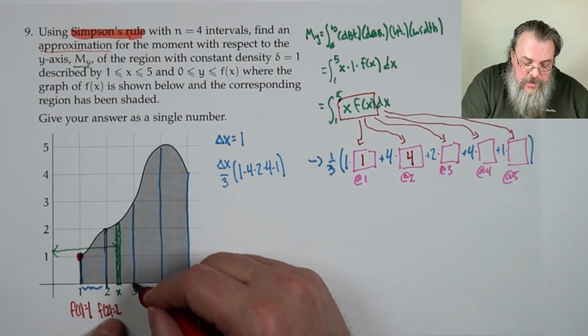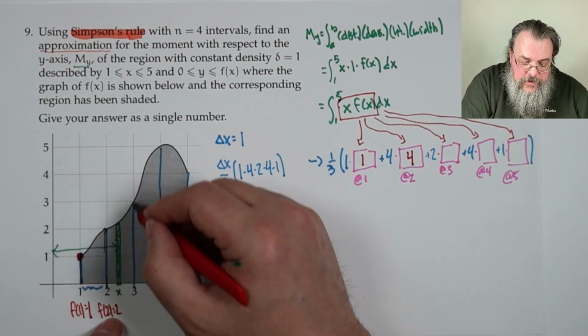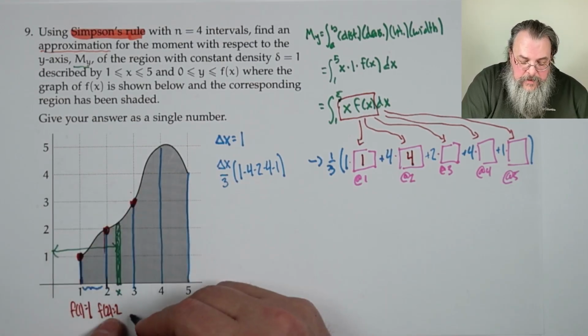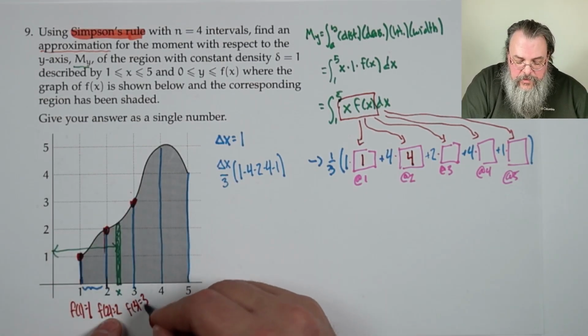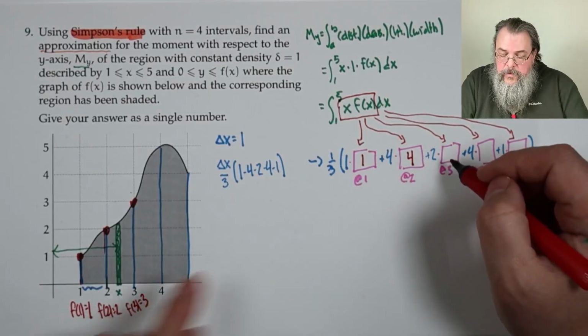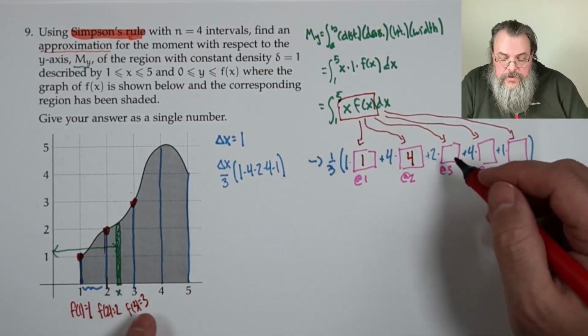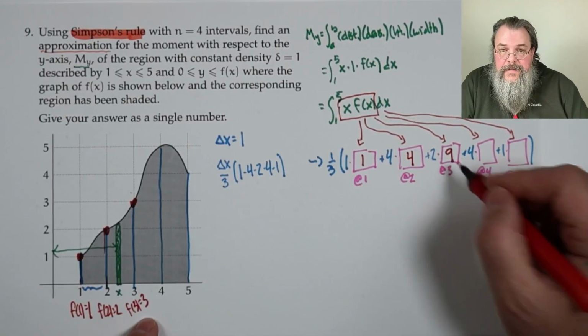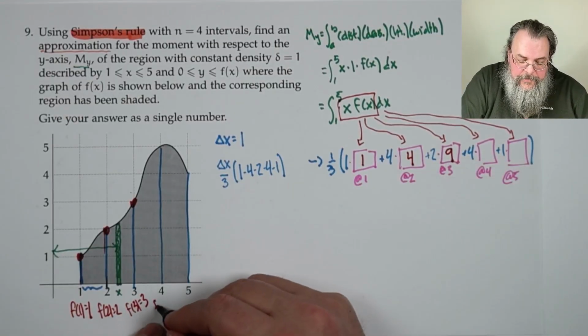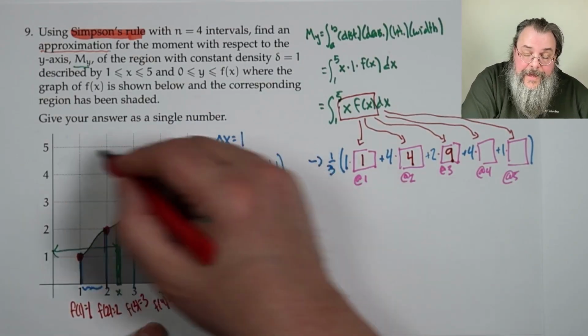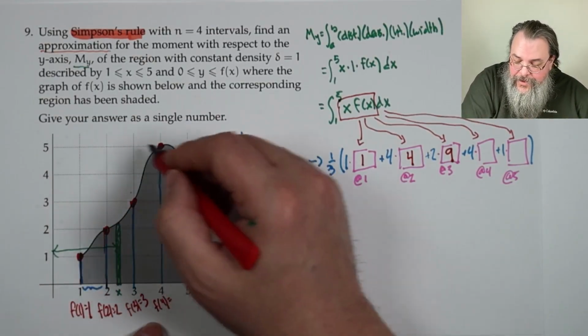Now, 3, we have here that we are at 3. So f of 3 is 3. So when we plug in 3, we'll have 3 f of 3. That's 3 times 3, that's 9. What about f of 4? Well, that's up here, that's 5. Oh, okay.